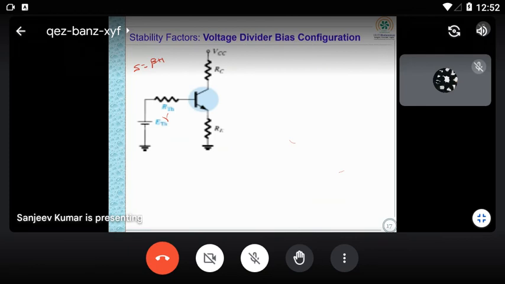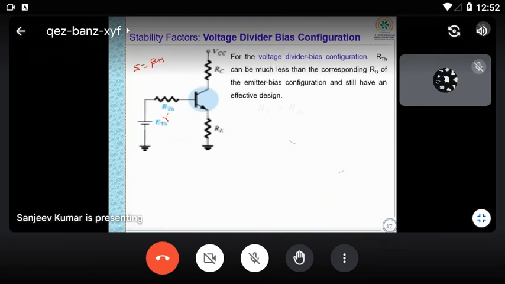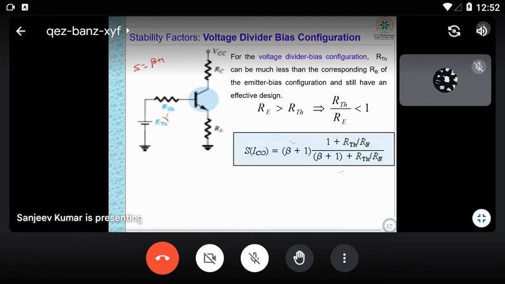A similar approach you can follow for the voltage divider configuration stability, with the same equation. Earlier you had taken RB, here it will be RTH. The only variation is RTH by RE being less than 1. In the earlier equation, the only variation is RB: earlier you had taken RB, now you are taking RTH.